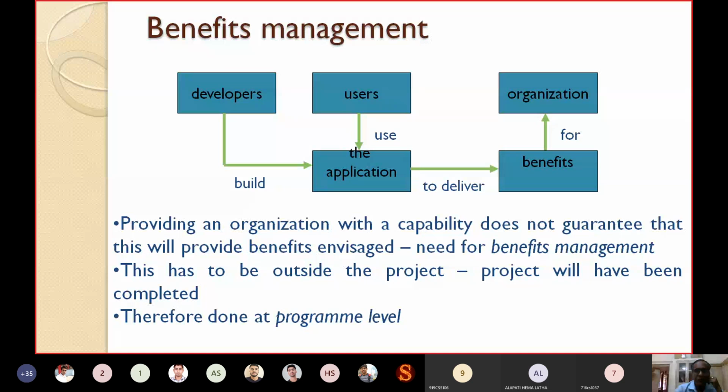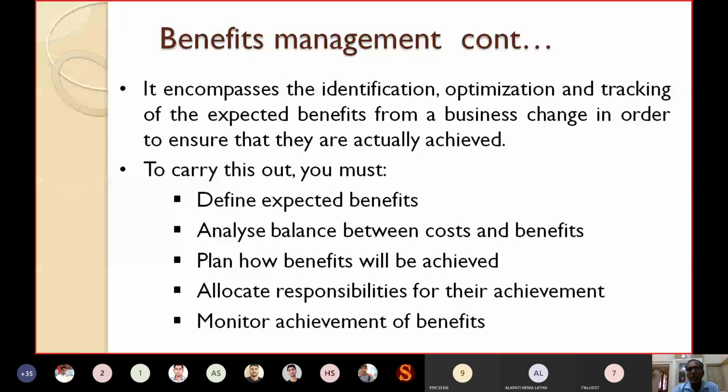Okay. Let's see. Benefits management encompasses the identification, optimization, and tracking of the expected benefits from a business change in order to ensure that they are actually achieved.